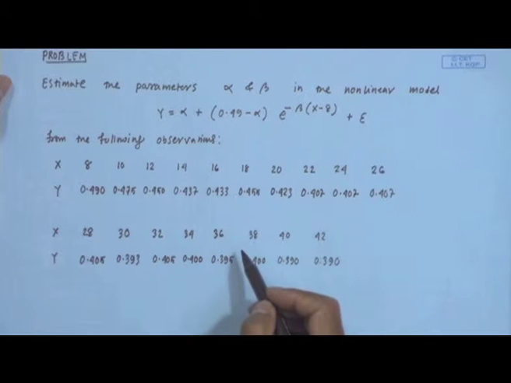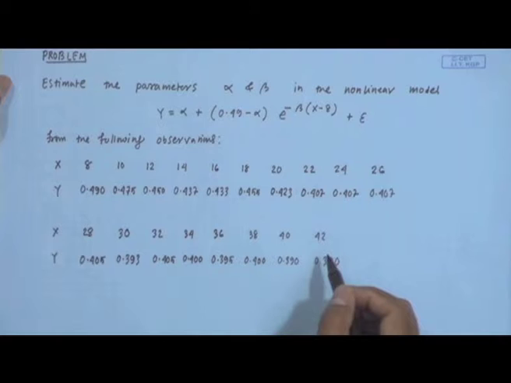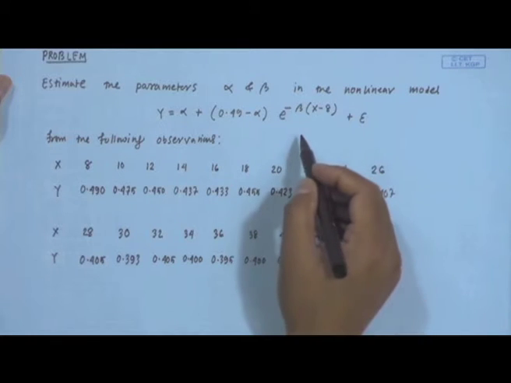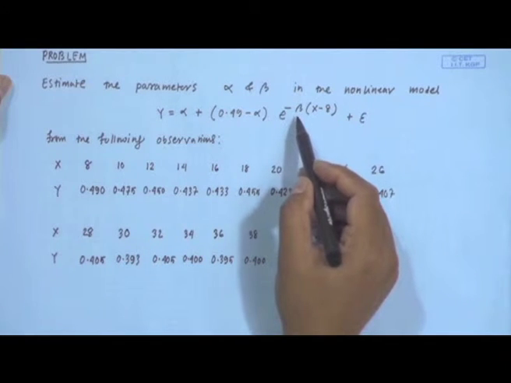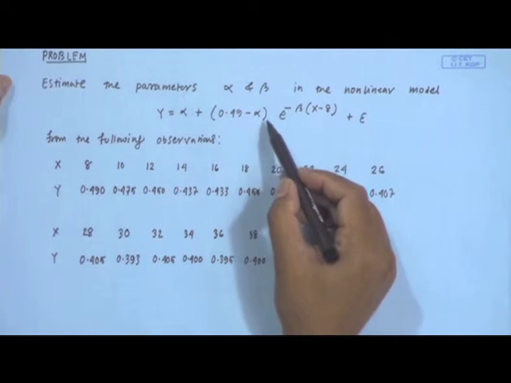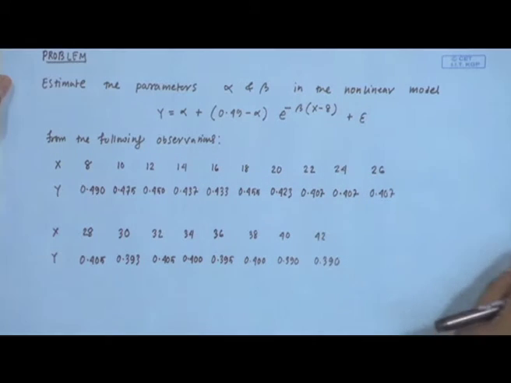You are given around 20 observations here, and this is a nonlinear model because it is a nonlinear function of the parameters alpha and beta. Okay. So, now we will be solving this problem.